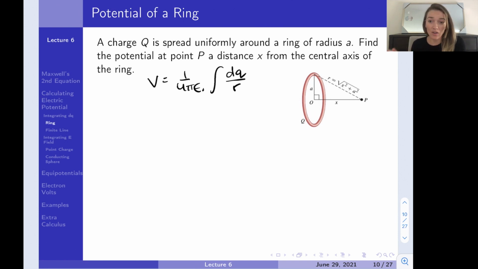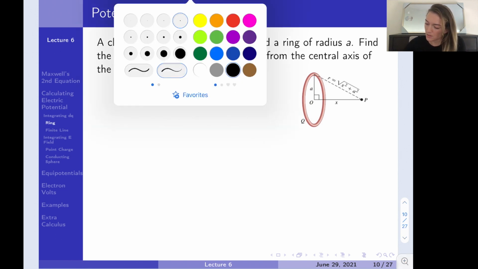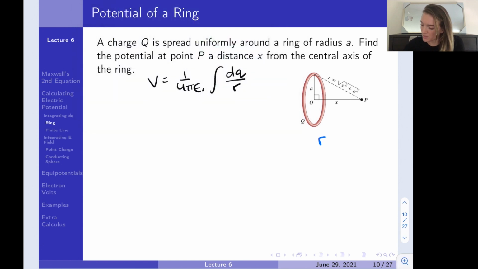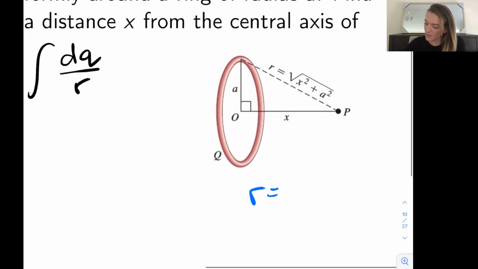So let's find r first. r is going to be just the distance from each point along our ring to that point that we're looking at on the x-axis. So at every point along our ring, since the radius isn't changing, the distance will just be the square root of x squared plus a squared. So that will just be our r.